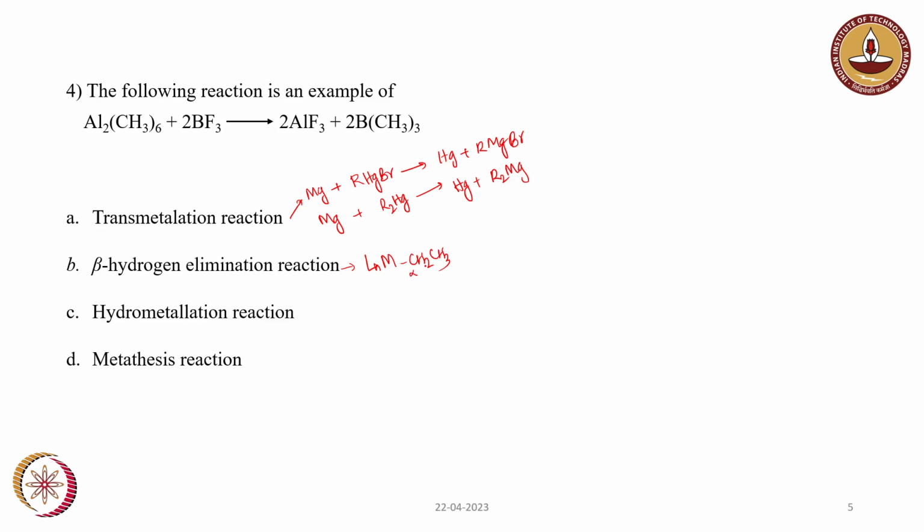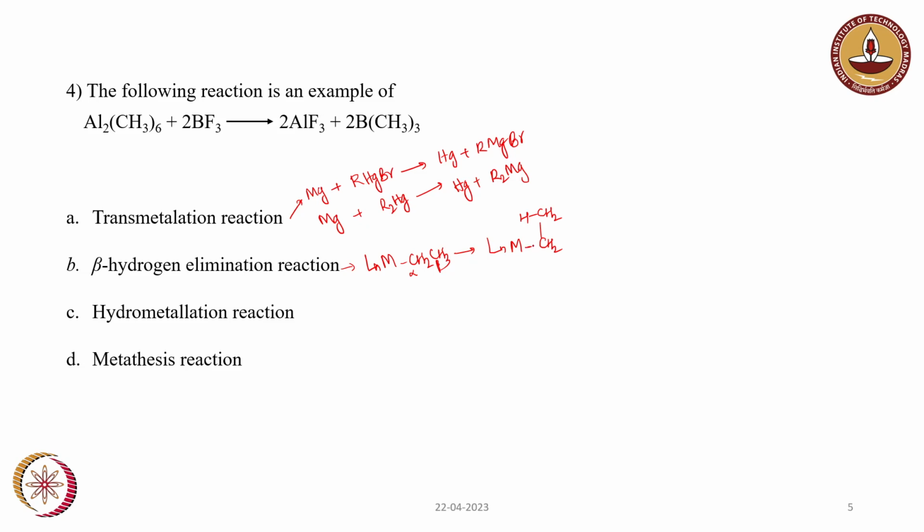This is the alpha carbon, which is directly connected to the metal, and this will be the beta carbon. We can rewrite it as LnM-CH2-CH2H, rewriting CH3 as CH2H.